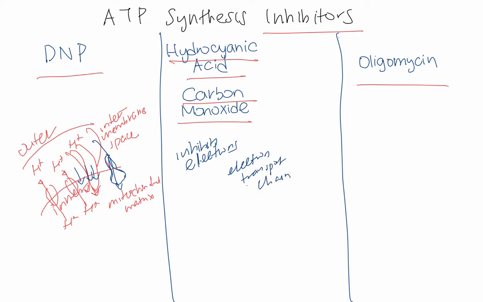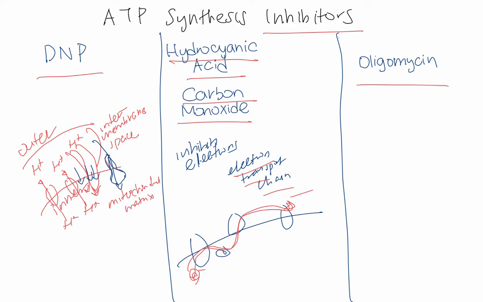You'll remember that, again, let's say this is the inner membrane and these are the proteins. If this was an electron, it's supposed to flow like this, but hydrocyanic acid and carbon monoxide interfere with this flow, or the transport of the electron in the electron transport chain.